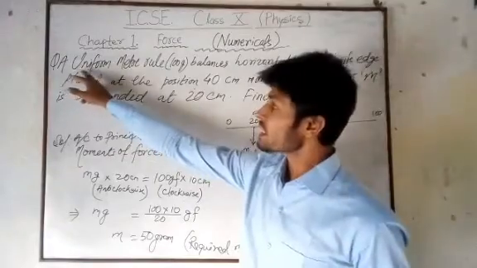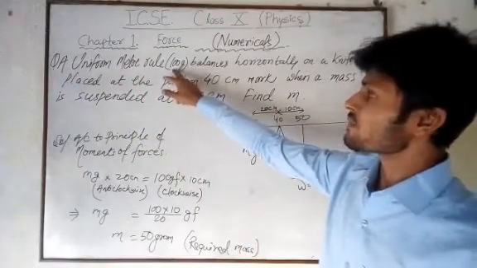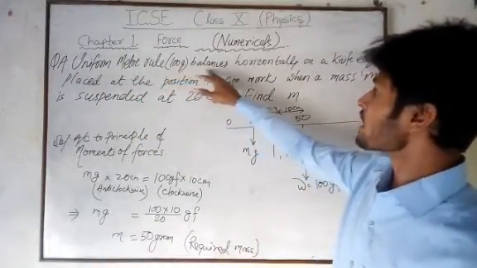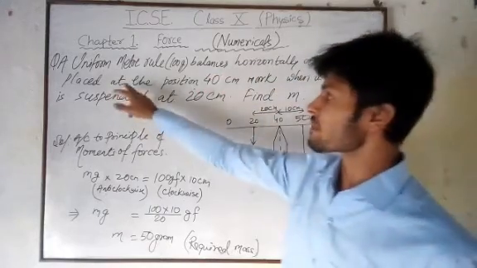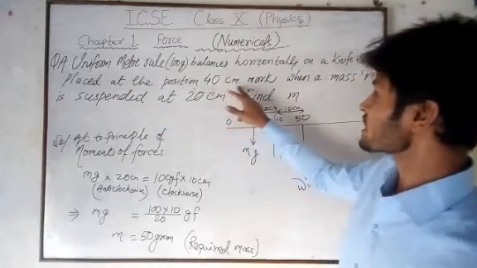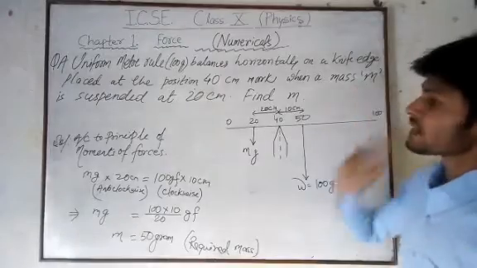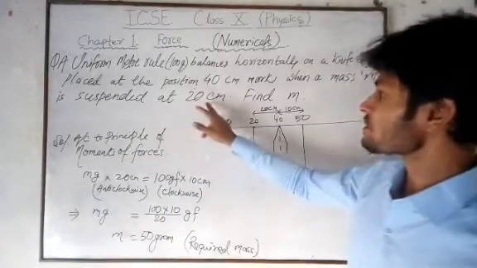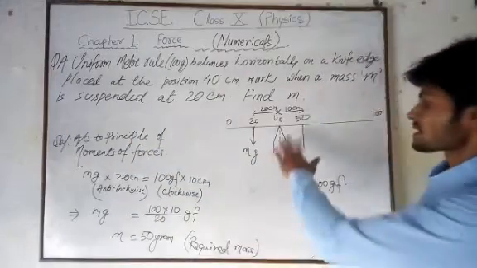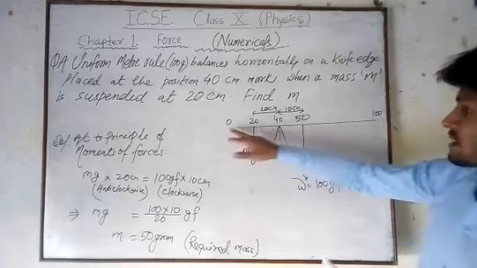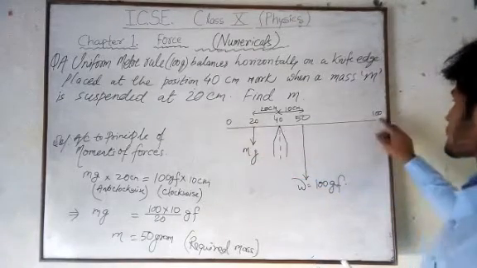The next question is: a uniform meter rule of 100 gram balances horizontally on a knife edge placed at the 40 centimeter mark when a mass M is suspended at 20 centimeter. See, this is the figure we have. This is the meter rule. This is the 0 mark and this is the 100 mark.